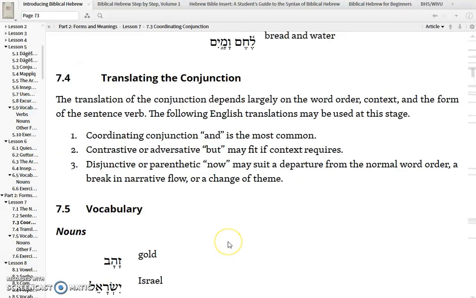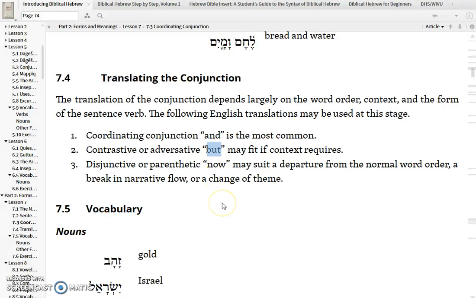Well, how does one translate the conjunction? The translation of the conjunction depends largely on the word order and the context and the form. Most of the time, you'll translate it and. However, if you have something like in the book of Proverbs, the wise man does this and the fool does the opposite, well, it's making a contrast, and so there you could translate it but.